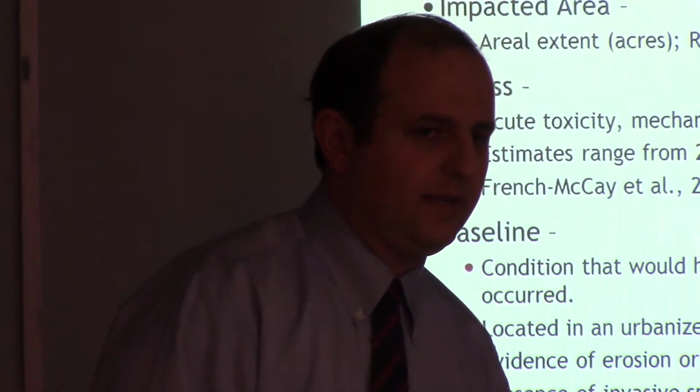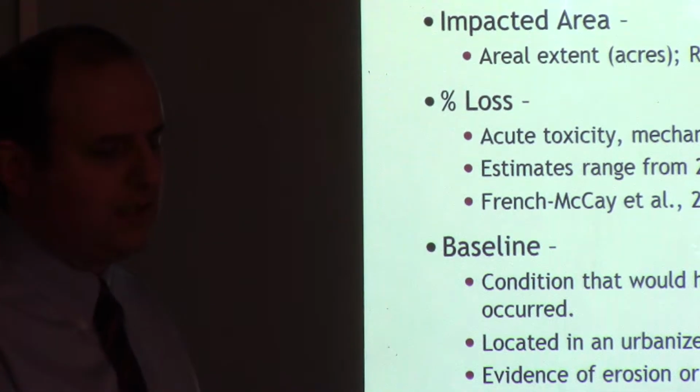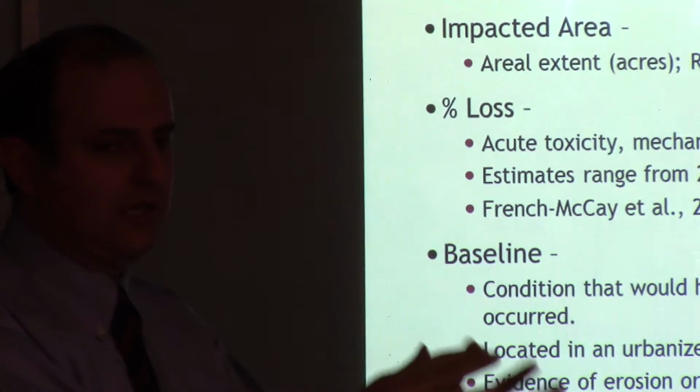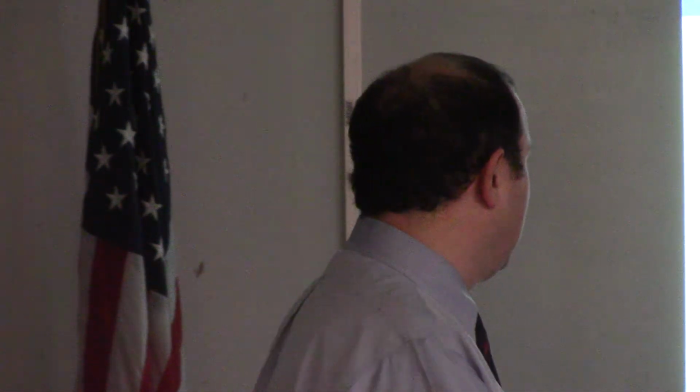We also have to take into account the time frame here. And that is the interim losses, so from the time of contamination to the time it returns to baseline. And that can be natural recovery, or it can be expedited recovery based on containment and removal of the oil, plantings, dredging, whatever it is that you do on a contaminated site or during an oil spill. And for the purposes of these spills, we did 1 year of injury.